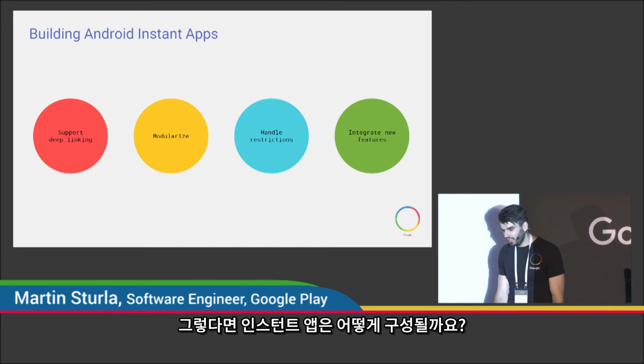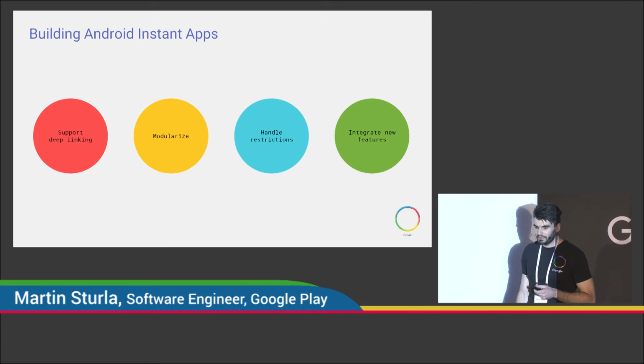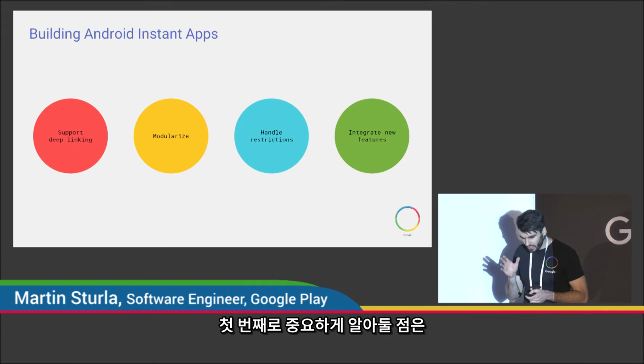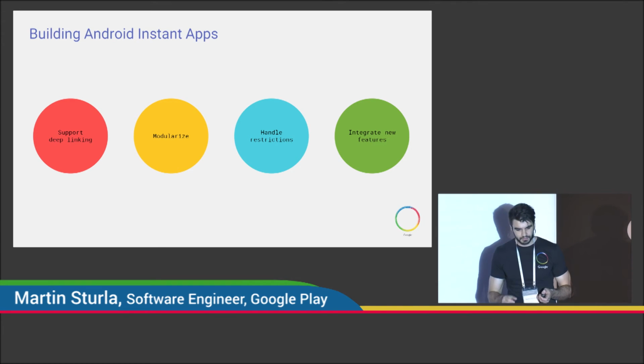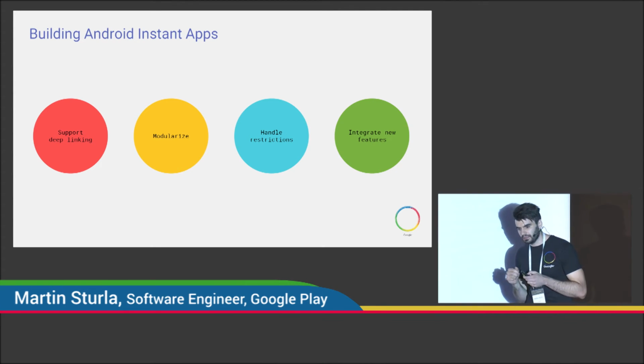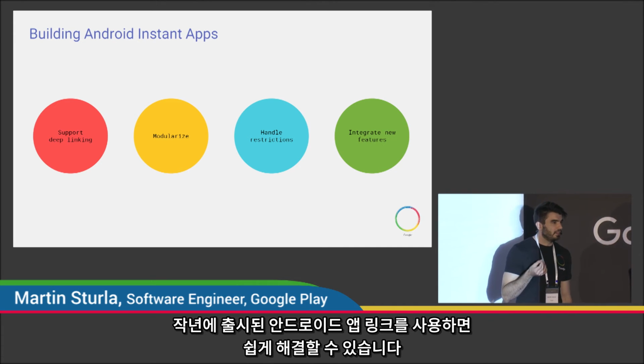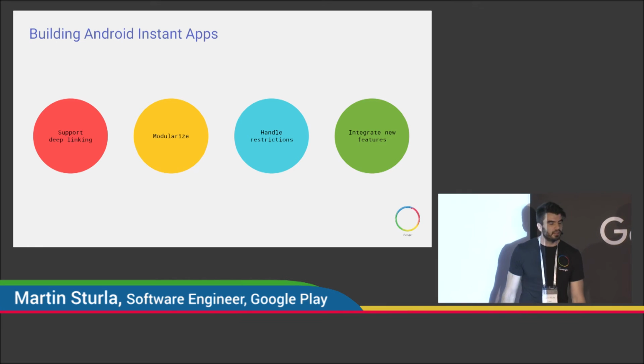Okay, great. So what does this upgrade consist of? How do I upgrade my app? Well, the first key concept is you need to tell us which links to your domain your app can handle. You can do this easily by using Android app links, which we introduced last year.